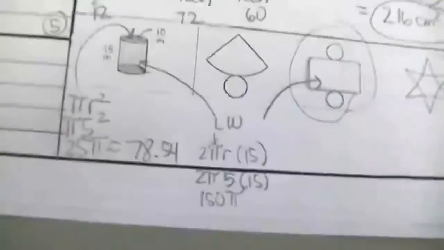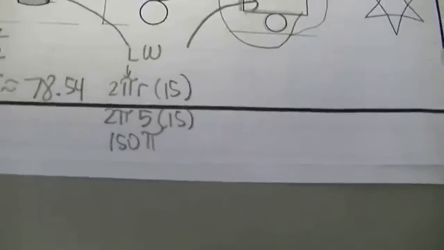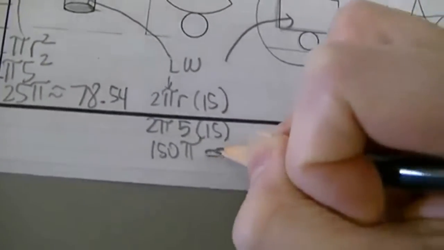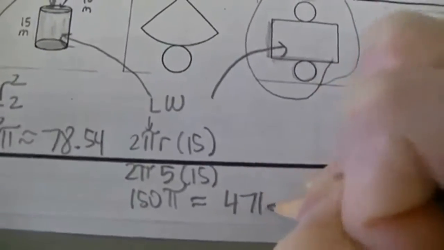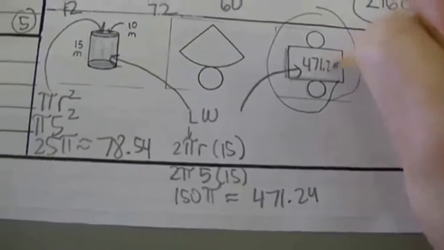So let me go ahead and calculate that out real quick. Okay, I used the pi button on my calculator, and I ended up getting approximately, because I had to round, 471.24. Okay, so that's 471.24.